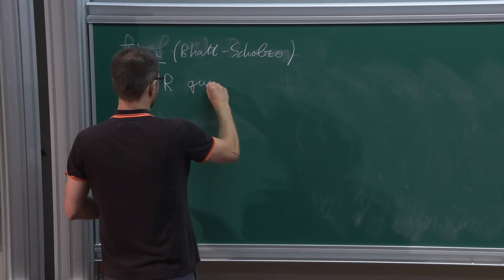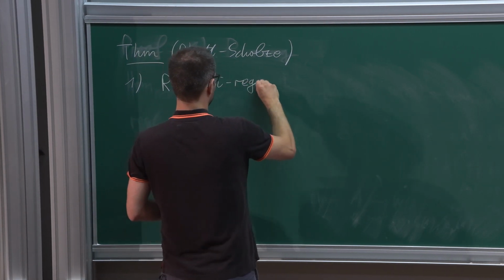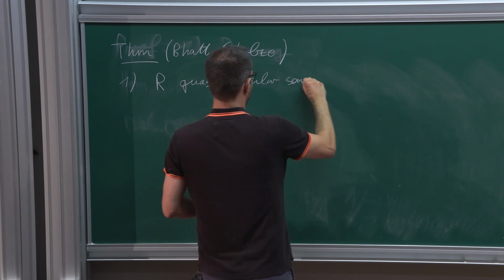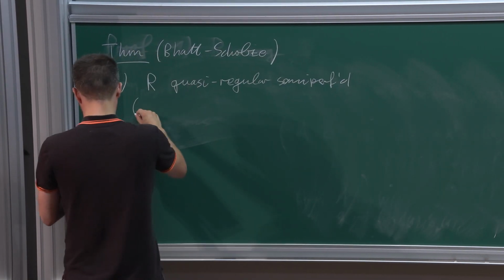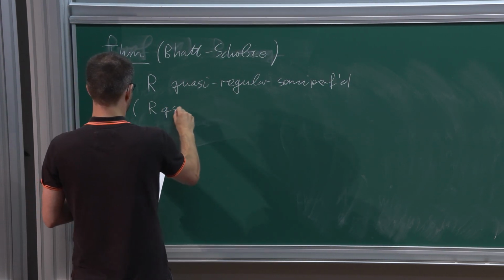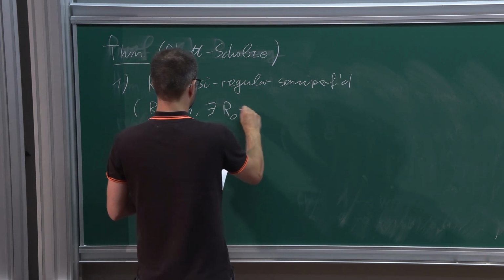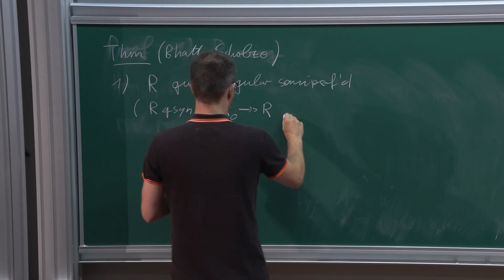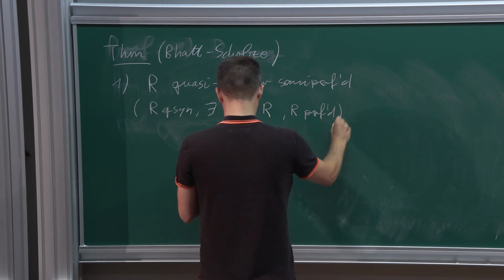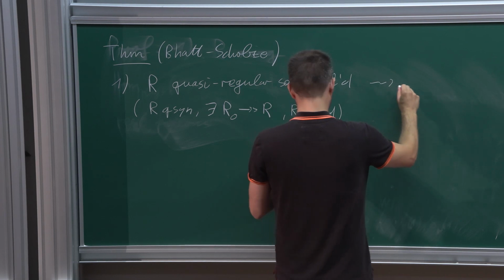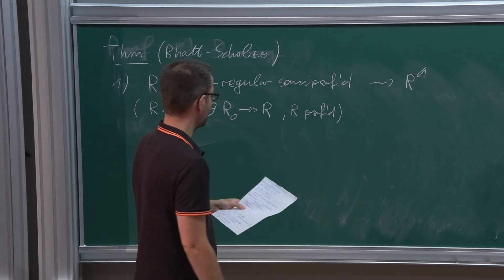If you assume that R is quasiregular semiperfectoid, what does this mean? This means that R is quasisyntomic, and there exists a surjection from some perfectoid ring R_0.